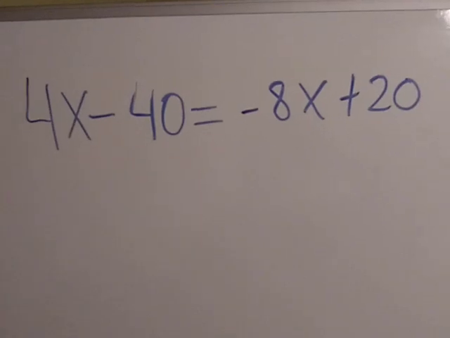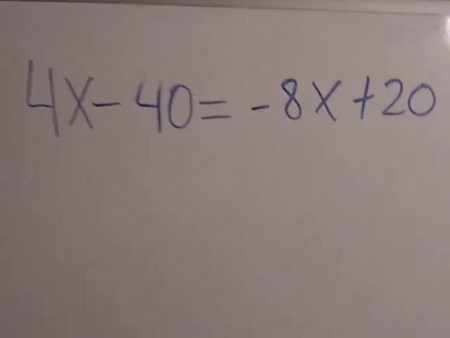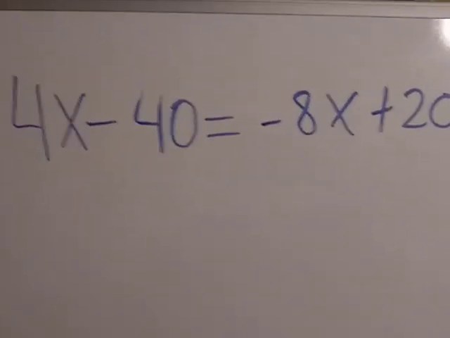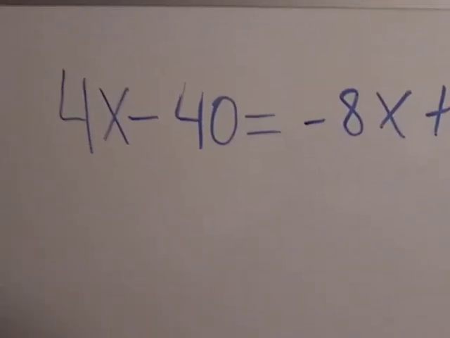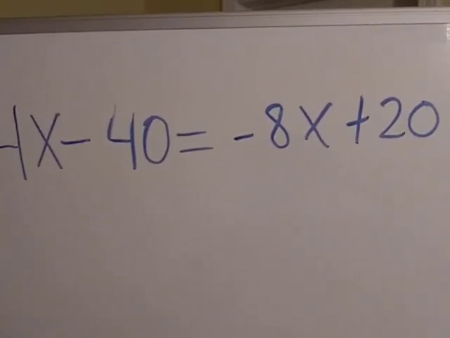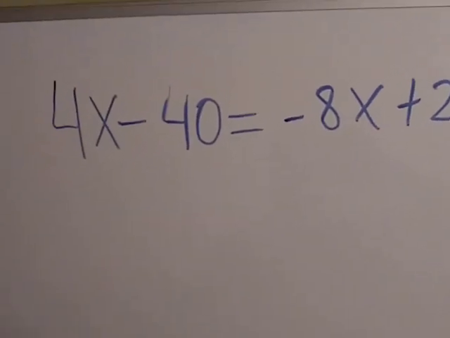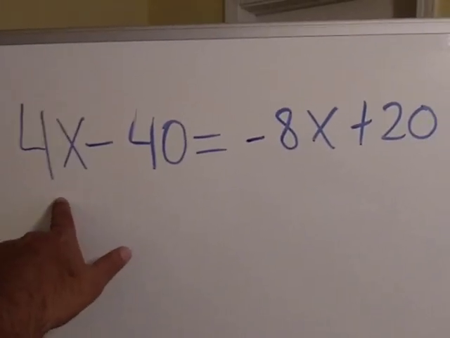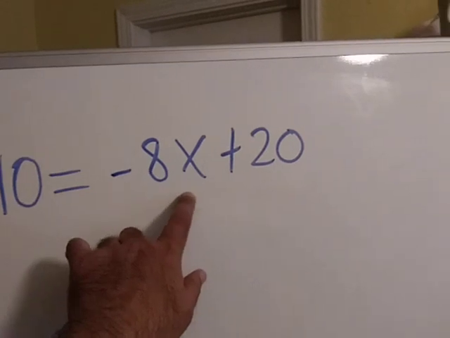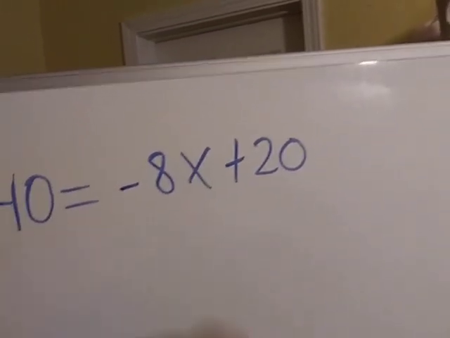Again, going back to what I mentioned previously, if you have variables on both sides of the equal sign, you are going to be moving the smallest number of variables to the opposite side of the equal sign. So here again we're using the same variable of x. We have 4x on the left hand side and we have negative 8x on the right hand side of the equation.